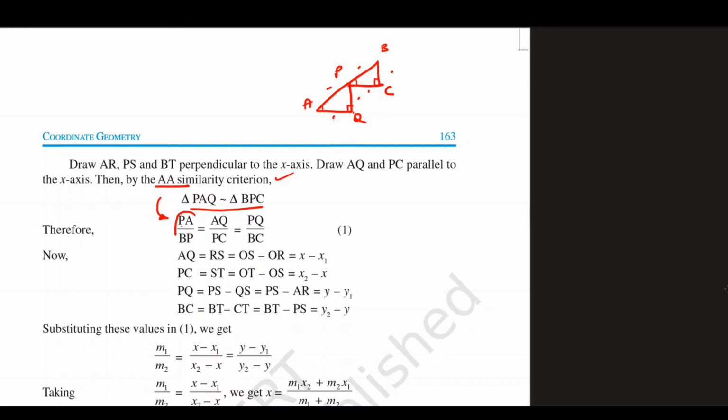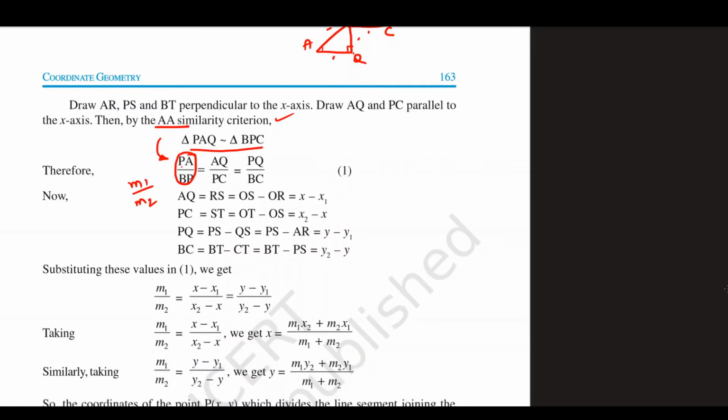Now we have been saying that this is m1 upon m2. Just look at this. AQ is equal to RS, which is OS minus OR. Similarly, we can find all these: x minus x1, x2 minus x, y minus y1 and y2 minus y.